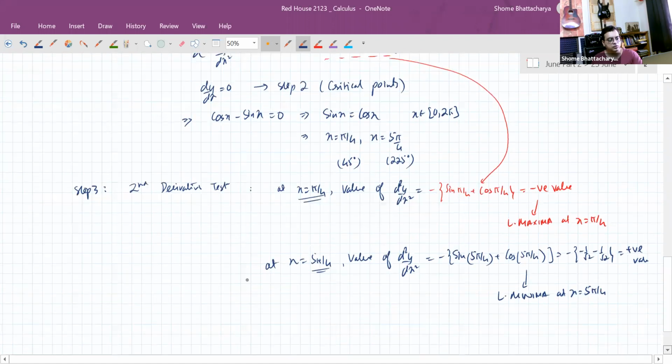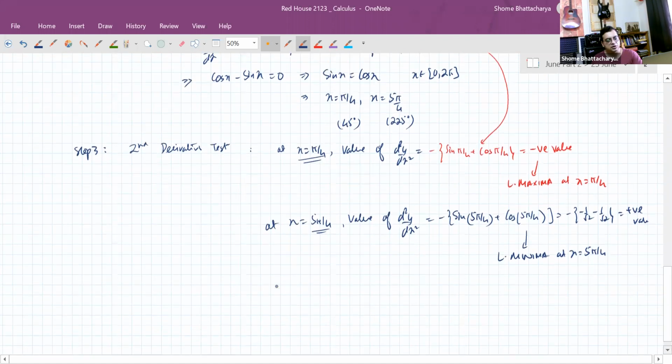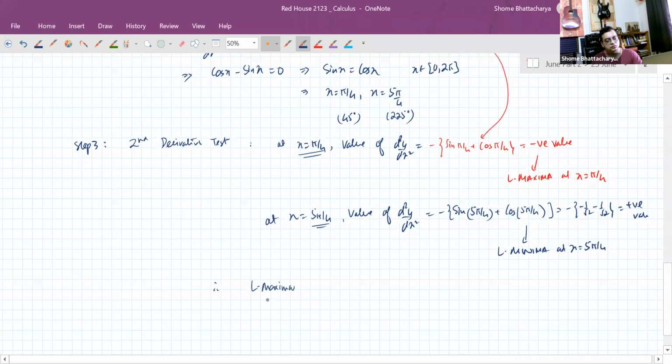So therefore, local maxima at x equal to pi by 4 equals the value of y at x equal to pi by 4.